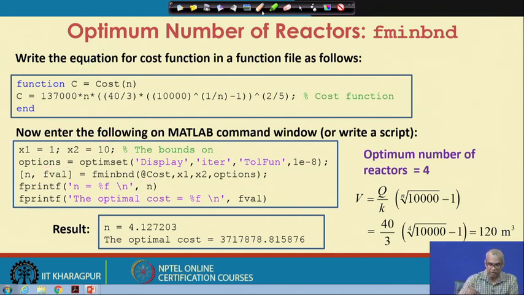So, the result that you get is n equal to 4.127203, and the optimal cost is 37,17,878.